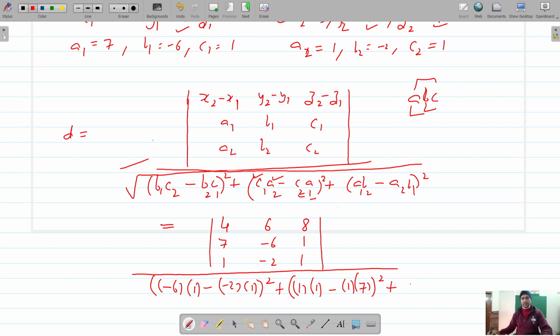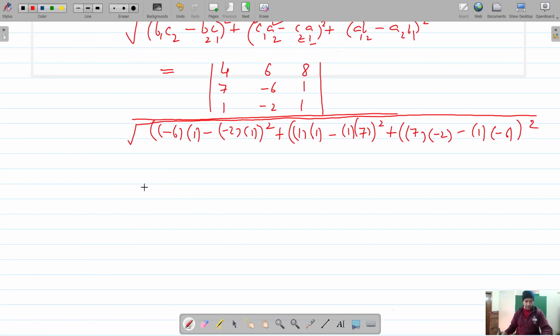Plus a1 is 7, b2 is minus 2, minus a2 which is 1 and b1 which is minus 6, the whole square, and it all has to be under the root.